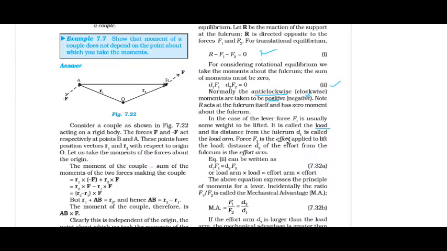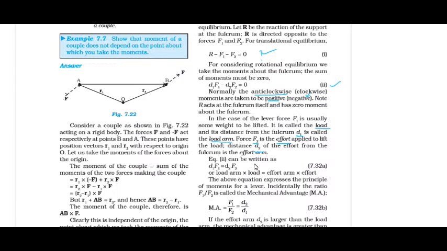And the distance from the fulcrum d1 is called load arm. Force F2 is the effort applied to lift the load. Distance d2 of the effort from the fulcrum is the effort arm.